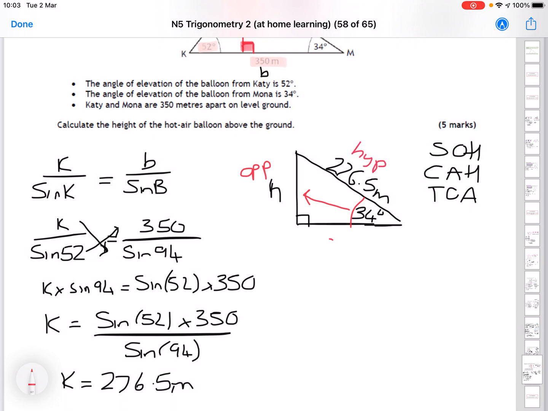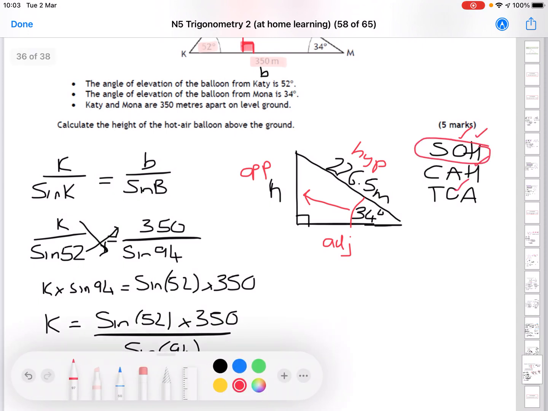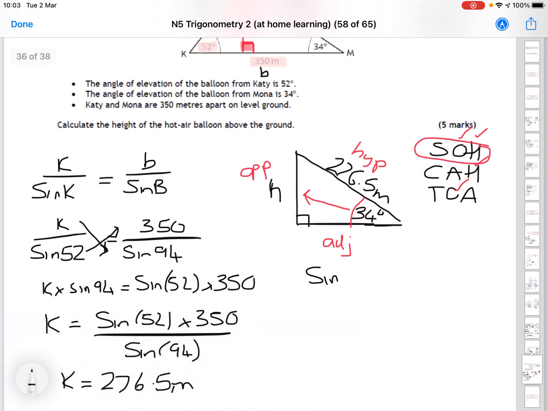The last side at the bottom is your adjacent, but we don't need that in this case because there's nothing written there. So we have our opposite side is the side we're looking for. We have a value for the hypotenuse, so O and H. If you look for which one has those two letters, it's SOH for sine. So our sum here will be sine x equals opposite over hypotenuse.